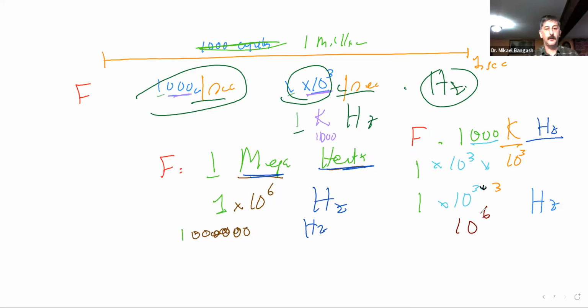So for now, the bottom line is that the number of cycles of sound waves completed in a second is going to be the frequency of that sound wave. Clear? That cycles per second is going to be translated into hertz.